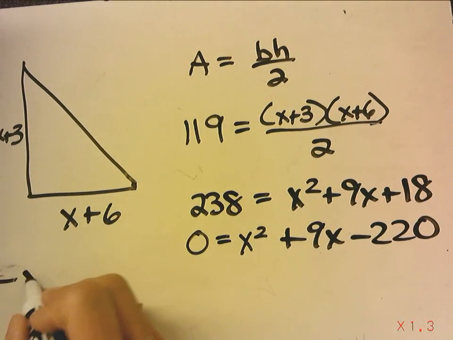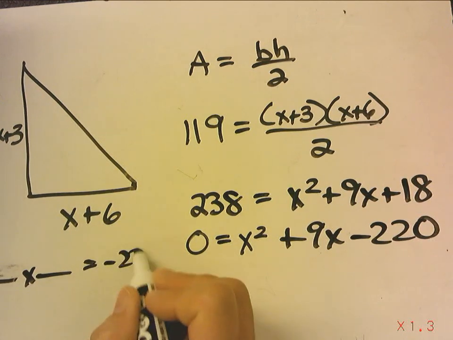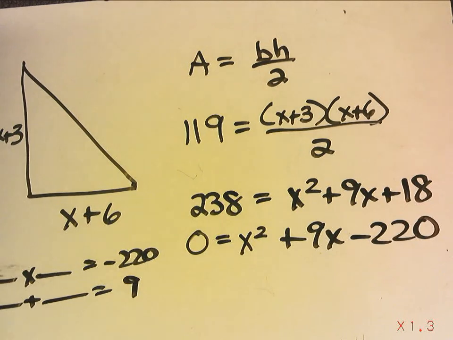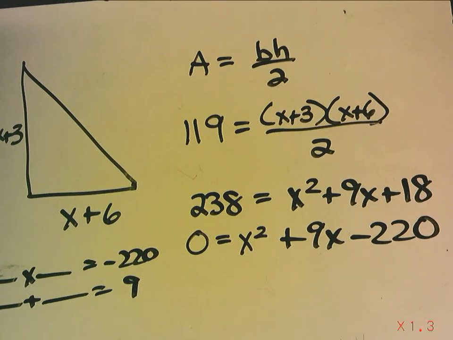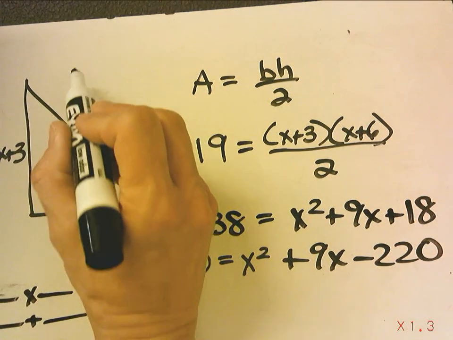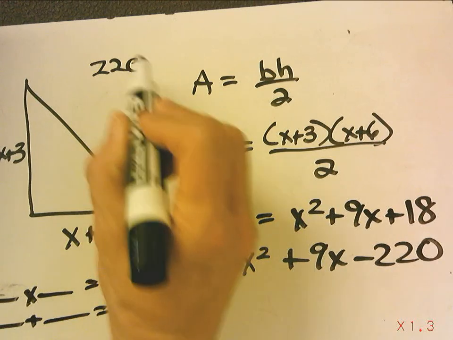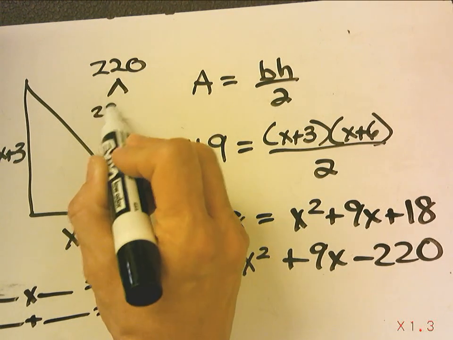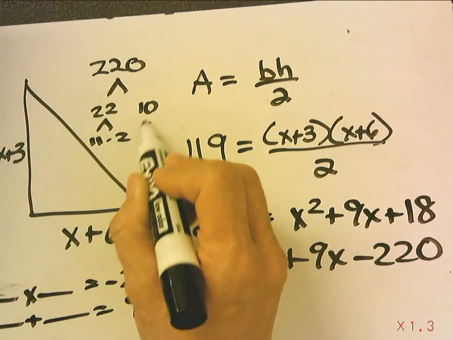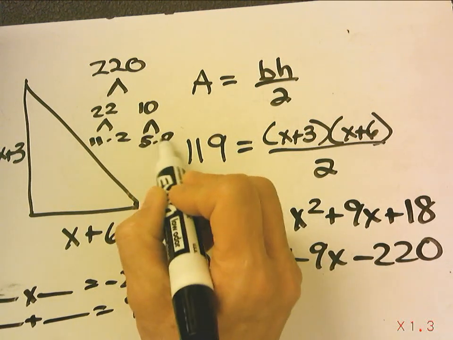So I'm looking for two numbers that when multiplied equal negative 220, but when added equal 9. So this gets a little harder as these numbers get bigger. But, let's see, I can do a factor tree with 220. 220, I think of 22 and 10. Then I think of 11 times 2 times 5 times 2.